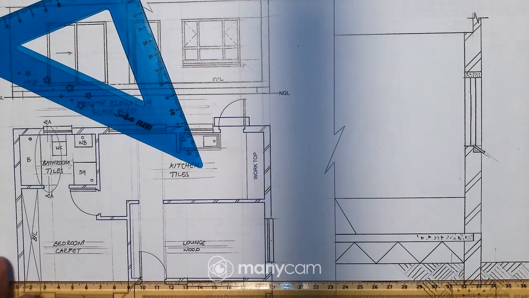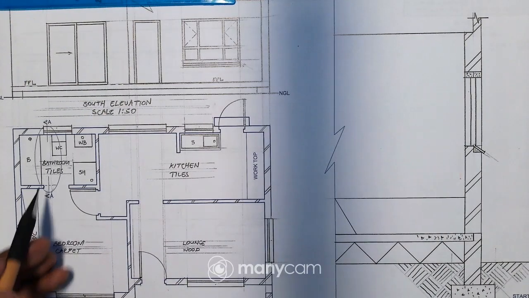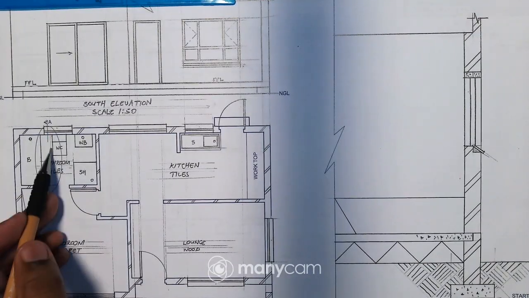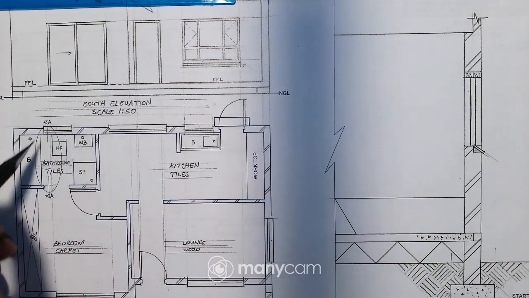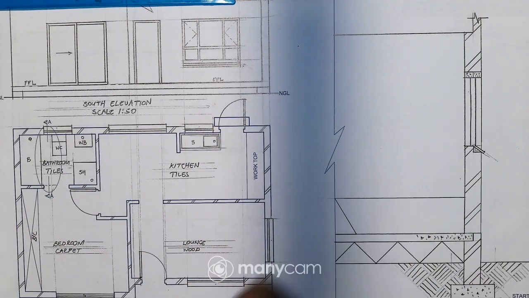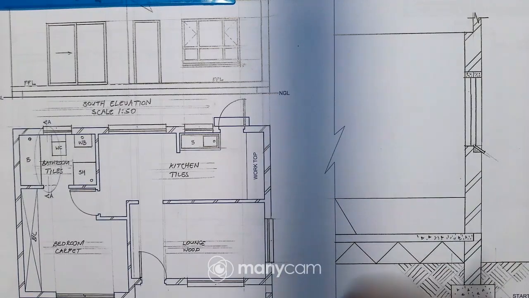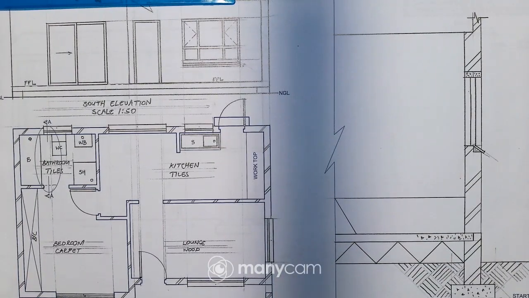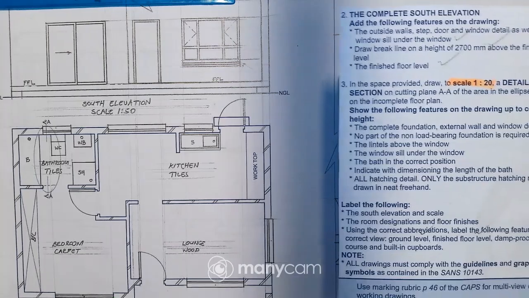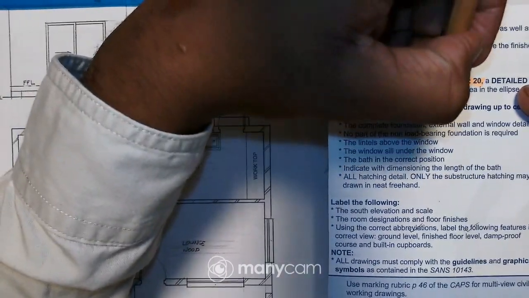Okay, so now I'll have to check if I'm done with the sectional elevation. Obviously, we have cut here, there's a window there, the bath is there, the walls obviously, okay, and the hatching, everything is there. Now I'll have to go back to my instructions, right? So the complete foundation, I can mark that off.